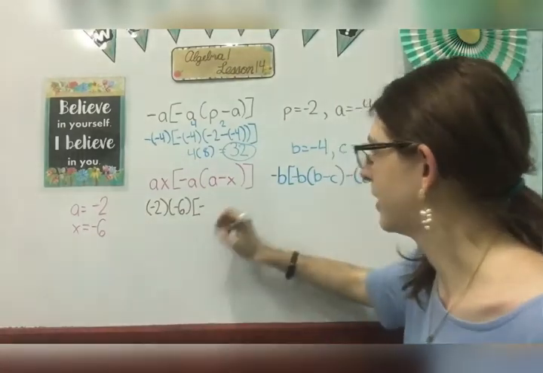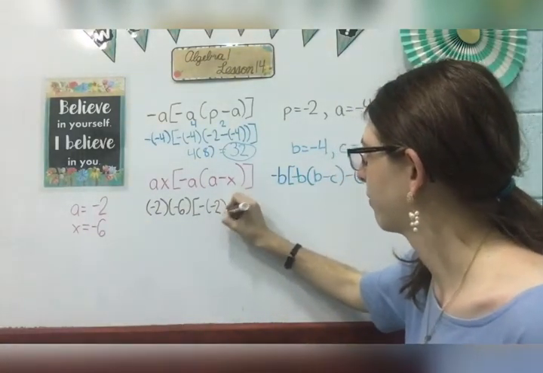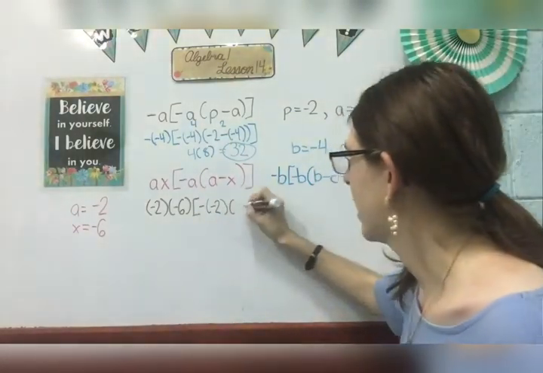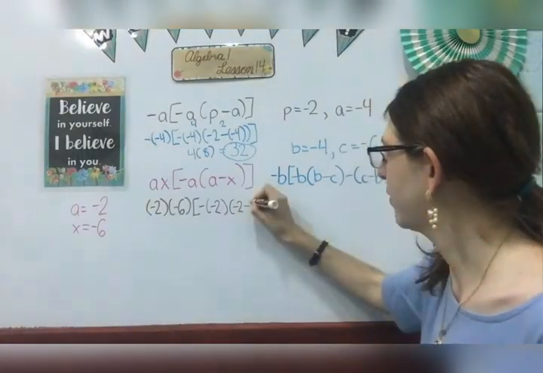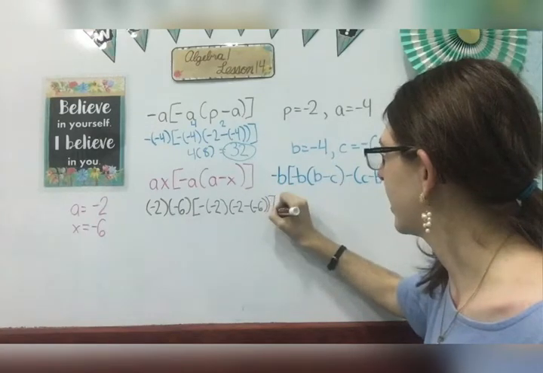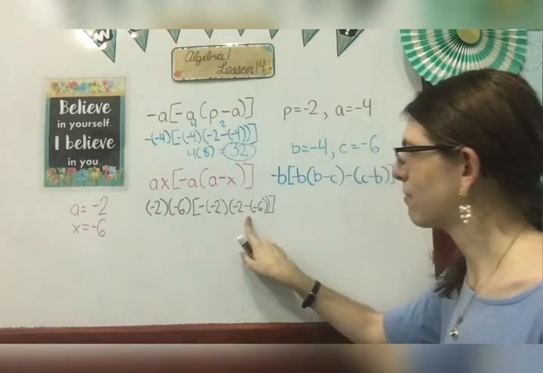Now this a is already negative, so I'm going to put in my parentheses to protect my negative. Then I have a minus x. A is negative 2, minus x is already negative, so I'm going to put in my parentheses and put in my bracket. Okay, now I'm going to simplify, starting with my innermost parentheses.